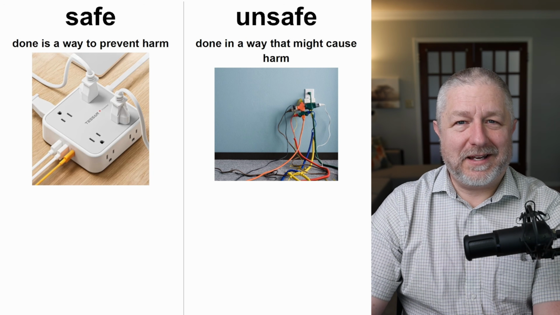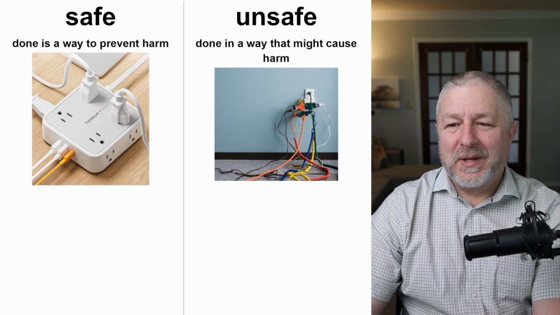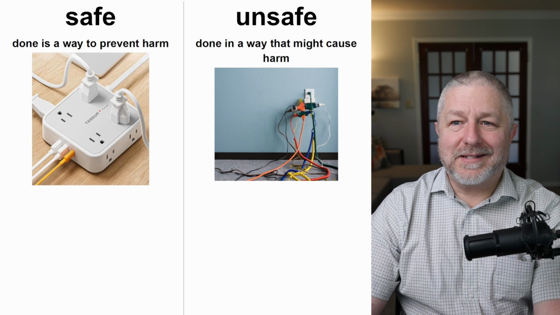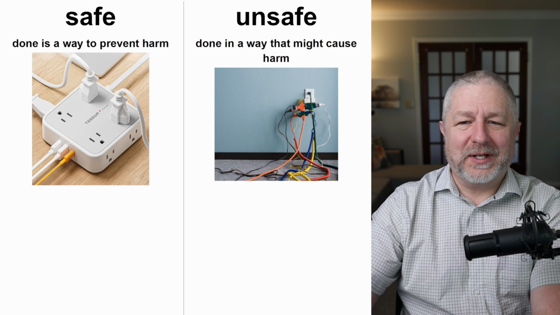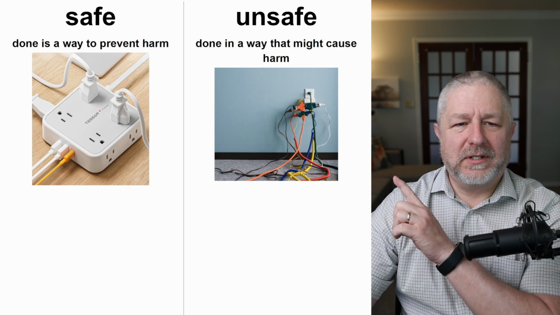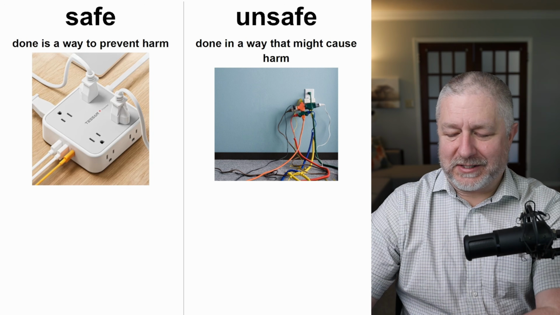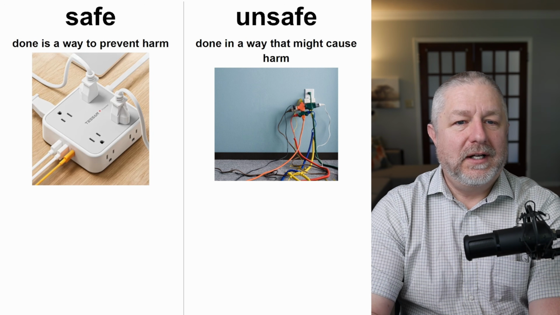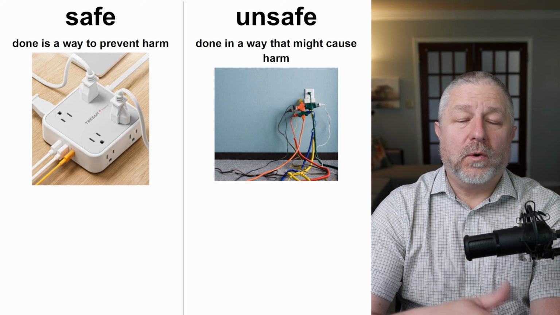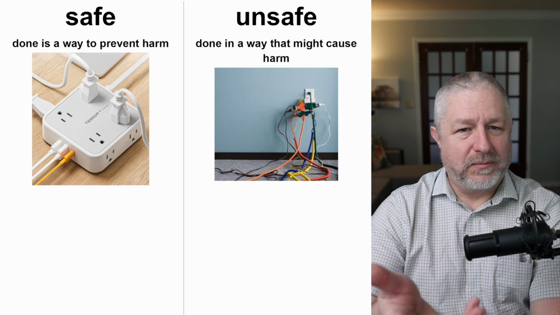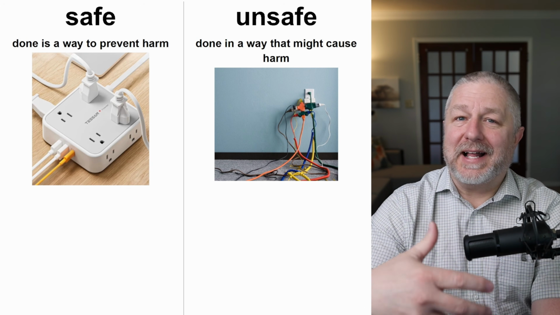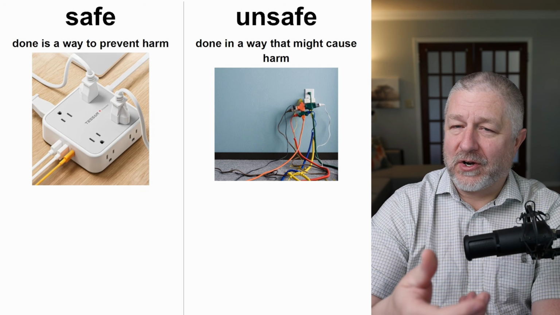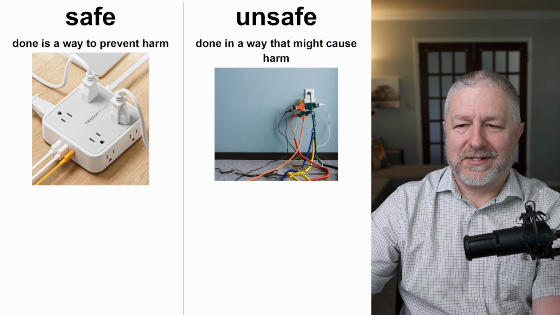You could say it's safe to ride in his car because it's a new car, or you could say it's unsafe to ride in that car because it's falling apart. So the descriptions you can expand on a bit to include other things as well. Safe, done in a way to prevent harm, or something that will not do harm. And then unsafe, done in a way that might cause harm, or something that will not cause harm.